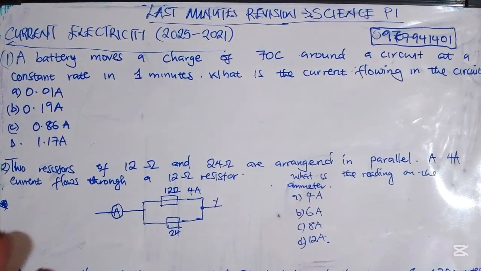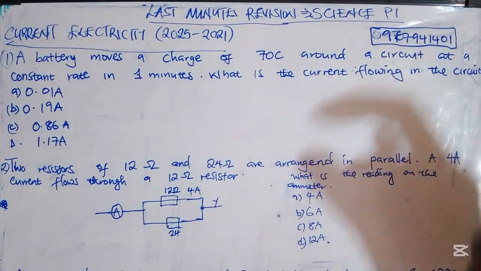Our first episode, we are going to look at current electricity. We are going to solve some questions which came from 2025 back to 2021, just current electricity, so that you know and understand how questions come on current electricity.